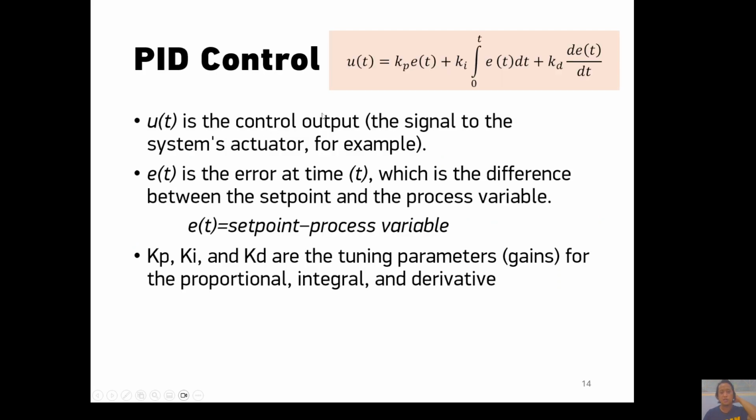And this is the PID controller. u of t is the control output, the signal to the system actuator, for example. And e of t is the error at time t, which is the difference between the set point and the process variable: e of t equals set point minus process variable.